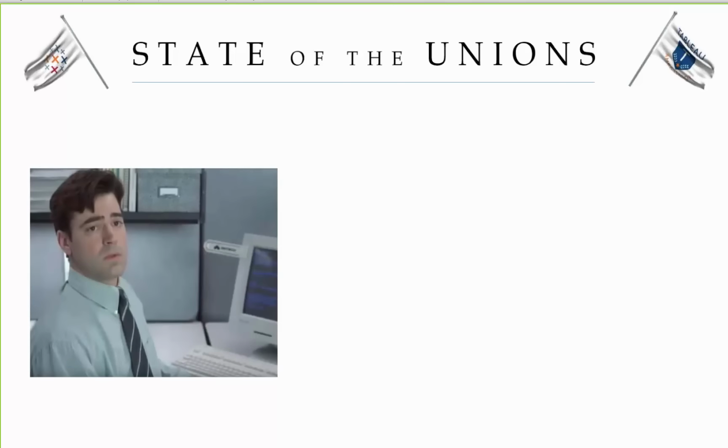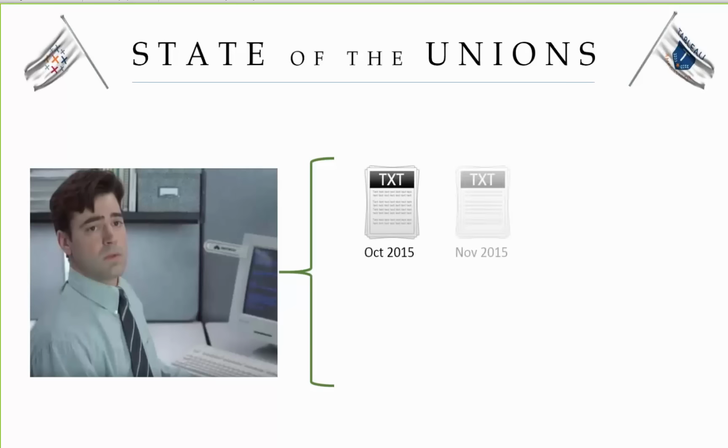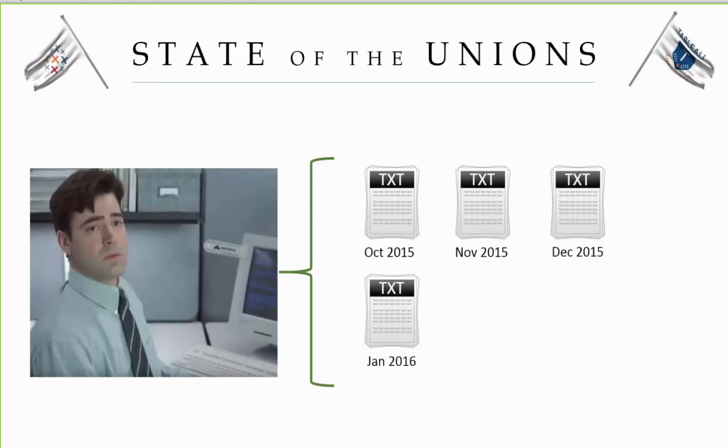All right, so where do we see unions? Let's say that there's this guy in your office, we'll call him Peter, and his job is to create a file every month. So you get one in October, November, December, and so on.